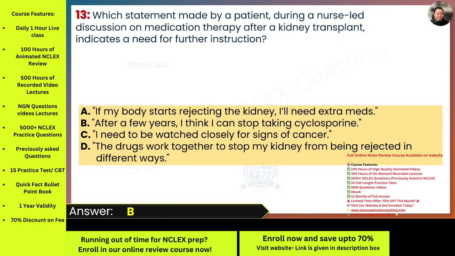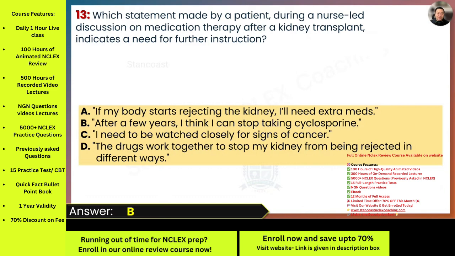Now, what about letter C? I need to be watched closely for signs of cancer. Now, going back into the medication here, this is a scenario about a kidney transplant, right? And so remember about the cyclosporine, which is the immunosuppressive medication that is going to be used for this procedure.